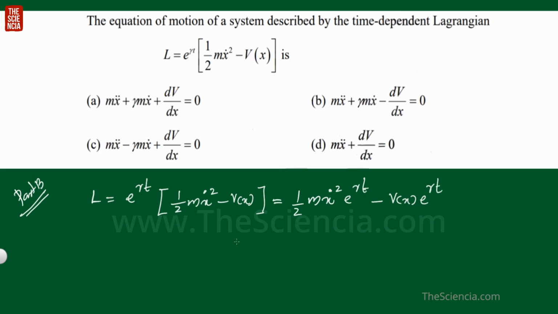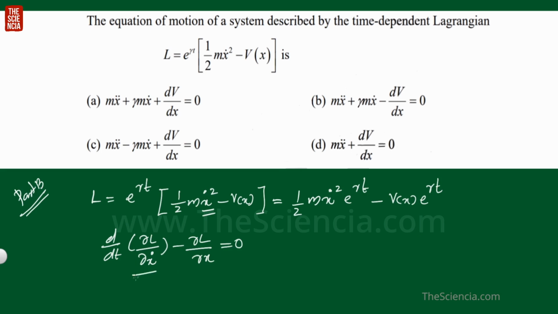Okay, just elaborated this equation. Now what is our equation of motion? That is d/dt ∂L/∂q dot minus ∂L/∂q equal to 0. Here the generalized coordinate q is x, so d/dt ∂L/∂x dot minus ∂L/∂x equal to 0.